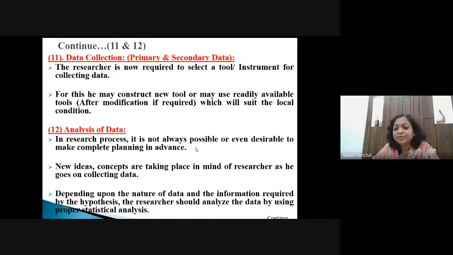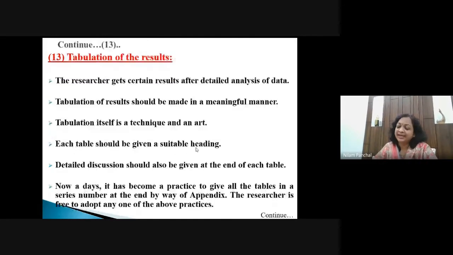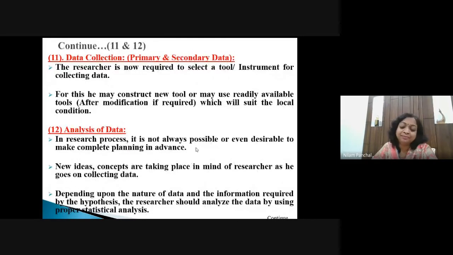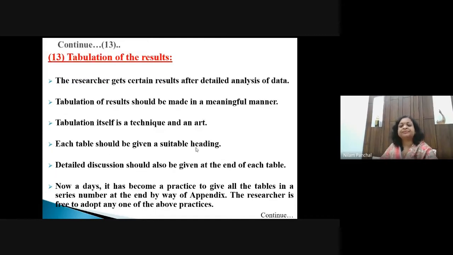Depending upon the nature of the data and the information required by the hypothesis, the researcher should analyze the data by using proper statistical analysis, which is very, very important. What tool to use when can be a separate session, but the analysis may be quantitative or qualitative, and both have separate, different tools that can be used.